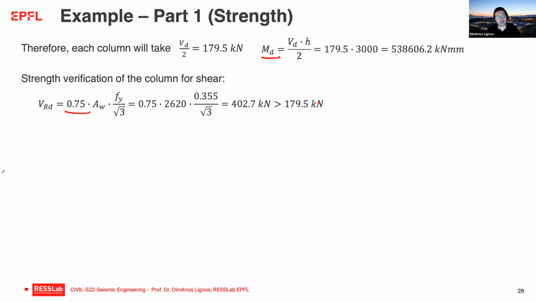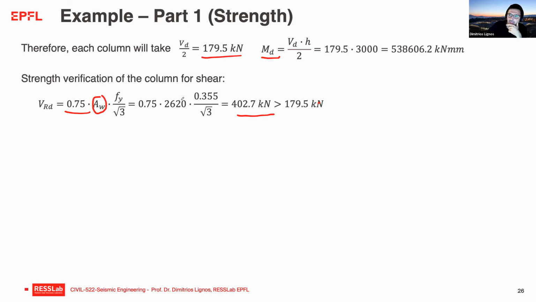The shear area for an HEB 240 will be computed based on the design manual, or any manual where you can find the cross-sectional properties. If you make the substitution here, considering Fy to be 355 megapascal, as we still have S355, that will give me a VRD equal to 405.7 kilonewton. In this case, you see that the strength requirement for shear is satisfied.